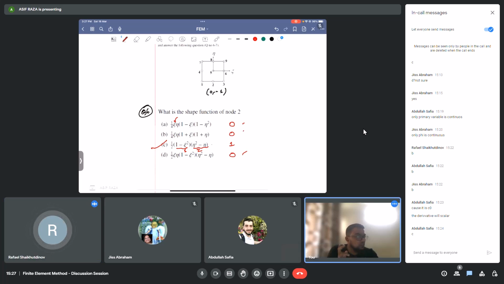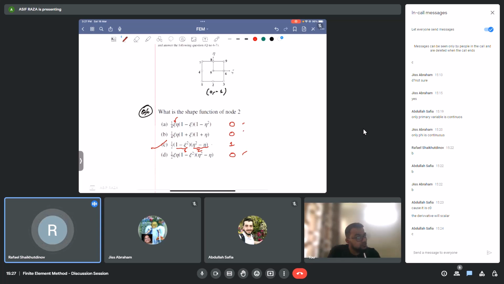If we want to derive this C formula, the easiest way for me personally is to notice that for xi equal to -1 and 1, our function should be 0 for node 2.